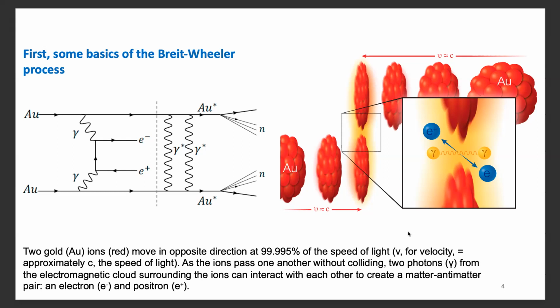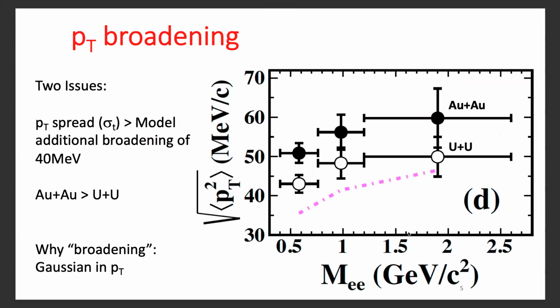So we actually didn't start with the ultra-peripheral; we started with the peripheral, hoping to see any effect of the final state. Since the electron-positron pairs we can calculate precisely, any difference from the QED theory, which should be very precise, would be due to how the electron-positron pair interacts with the magnetic field in the final state.